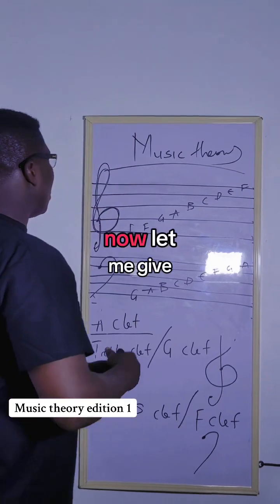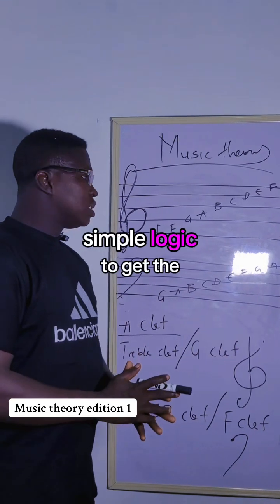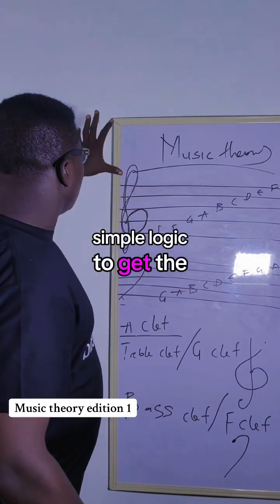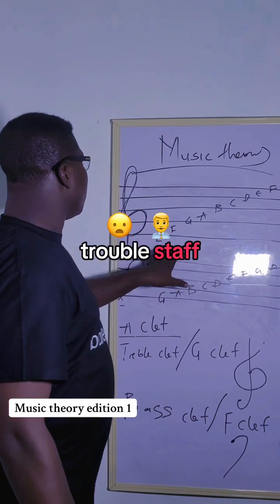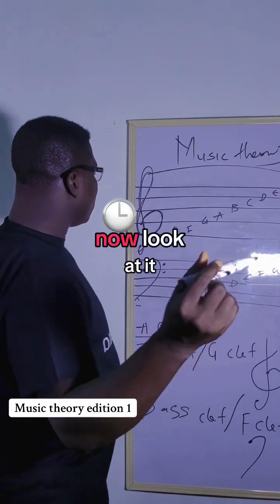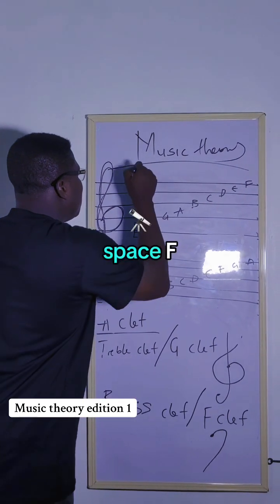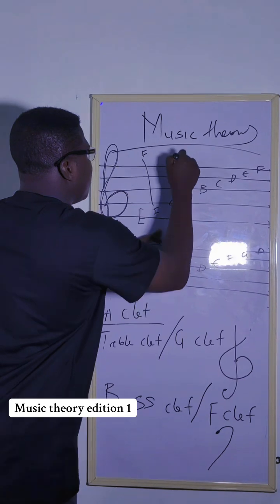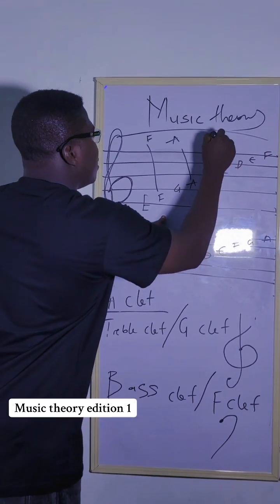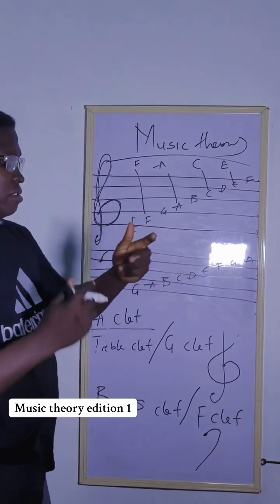Now let me give you an abbreviation, a simple logic to get the treble staff letter names. Look at it. The spaces, let's point out these spaces: F, A, C, E, face.